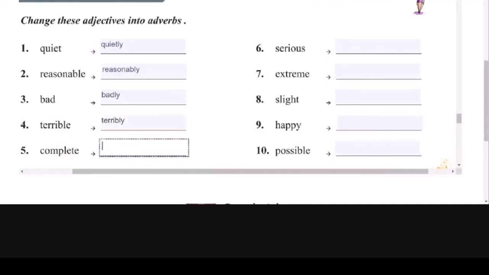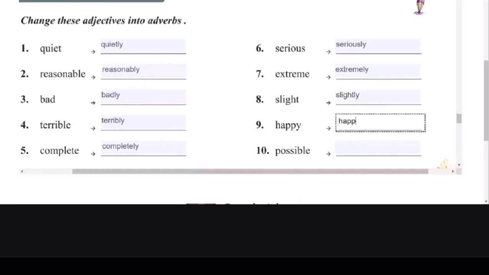Completely. Serious. Seriously. Extreme. Extremely. Slight means a little bit. Slightly. Happy. Happily.